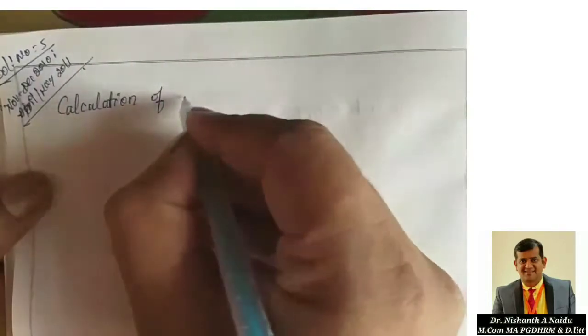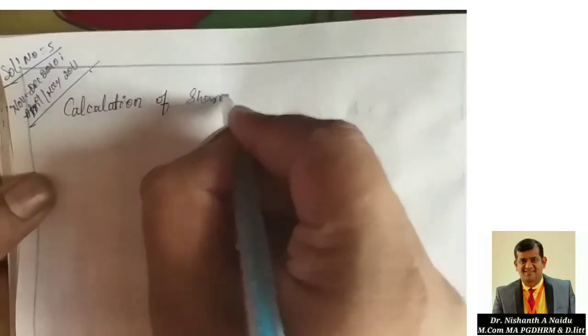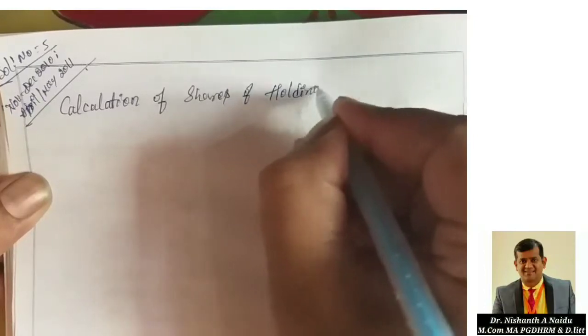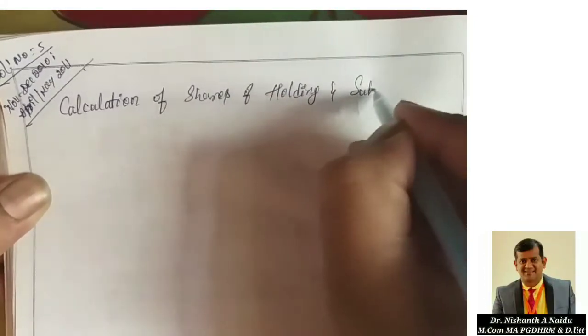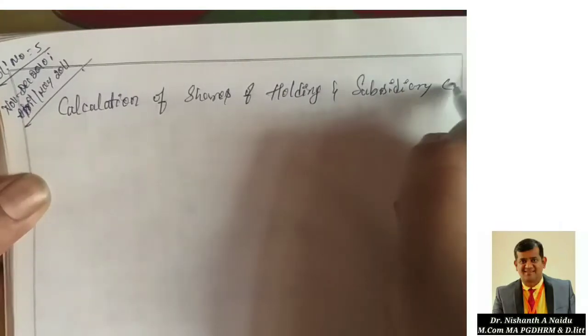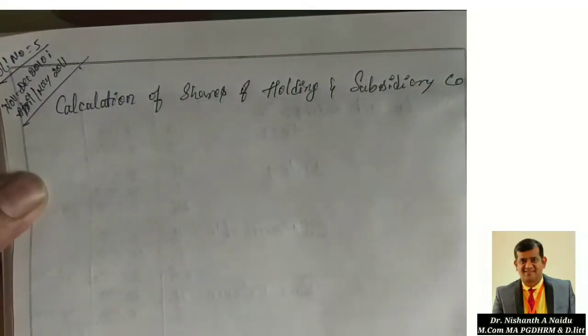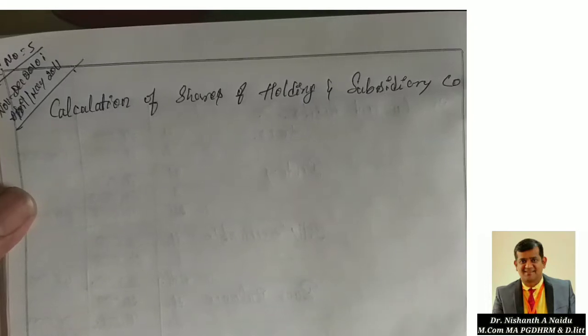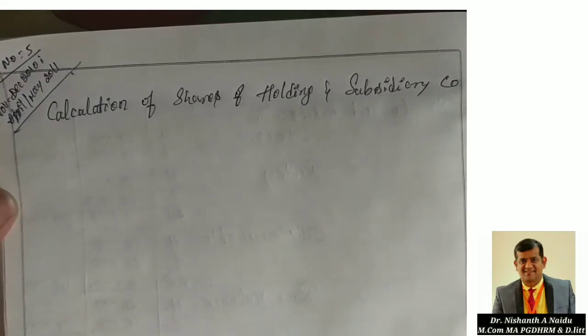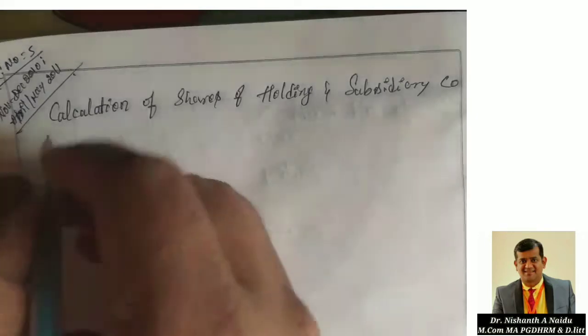of shares of holding and subsidiary company. So what is the number of shares of subsidiary company? That is Q Company Limited liability side, 70,000 rupees, and the face value of each share is 10.